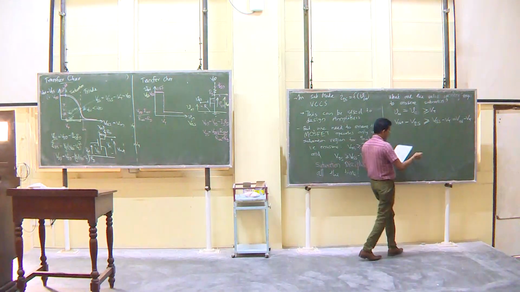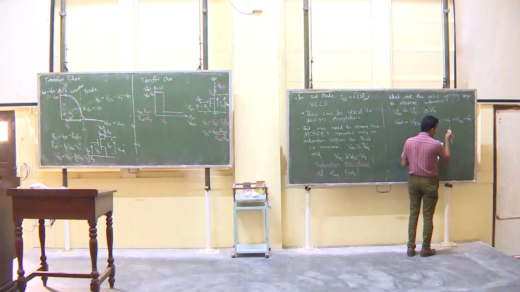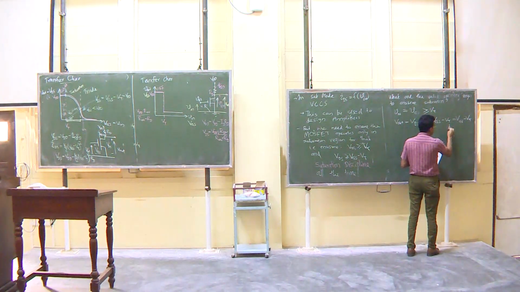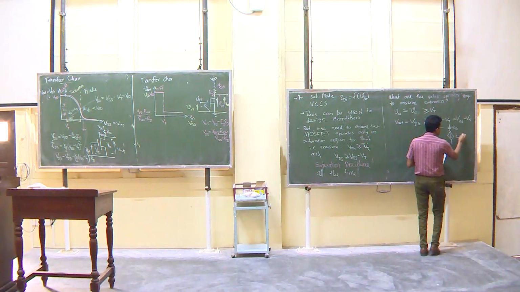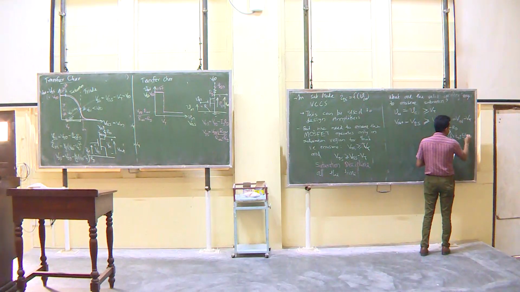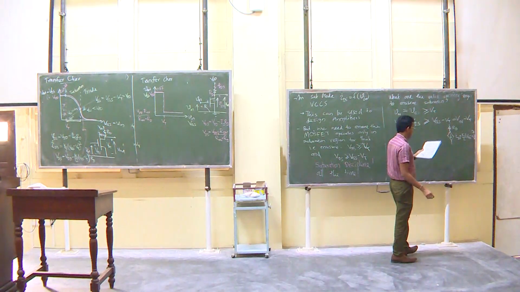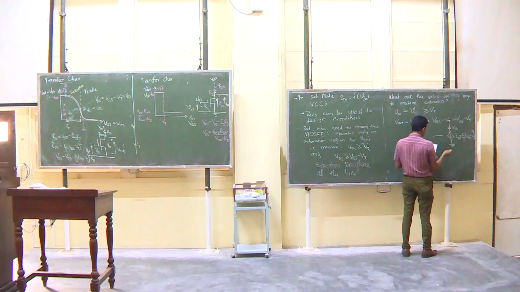So, if you draw the circuit, in the saturation region, this is RD, this one is the IDS, which is equal to K divided by 2 times VGS minus VT squared. And this is the input voltage.